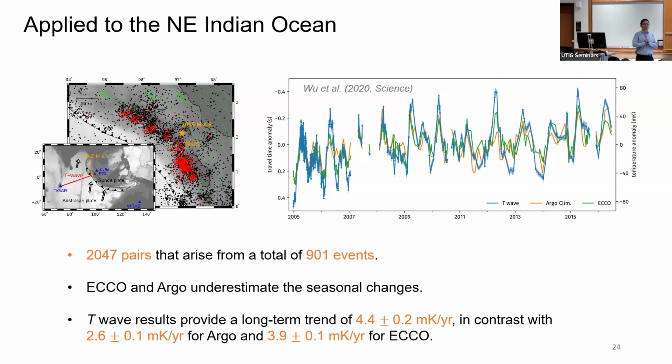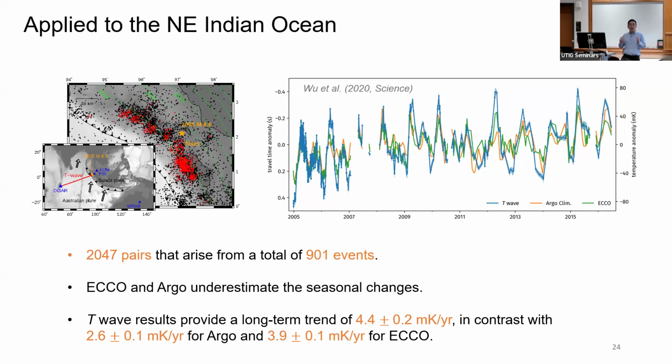Next, let's look at the most exciting part, the final results. This slide shows the results we got 4 years ago. In this study, again, this is Sumatra. We used about 2,000 repeating earthquake pairs coming from about 900 earthquakes.